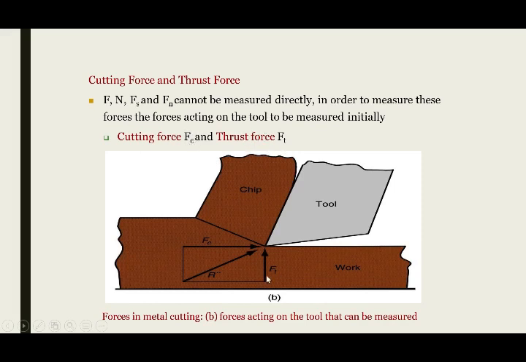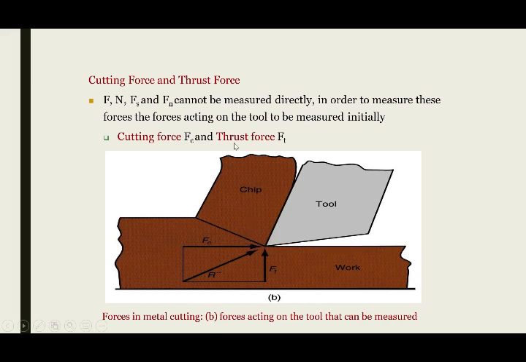In order to measure Fc, the cutting force will be in the horizontal plane as the tool is progressing towards the left side in the horizontal direction. So Fc, the cutting force, will be in the horizontal direction pointing towards the right side.